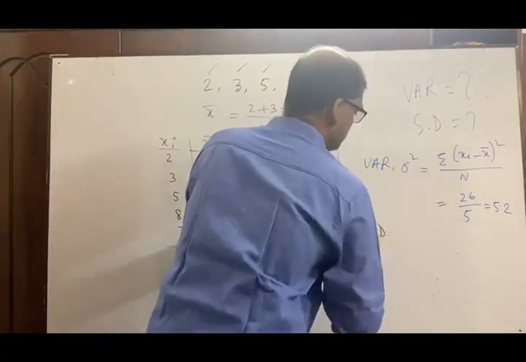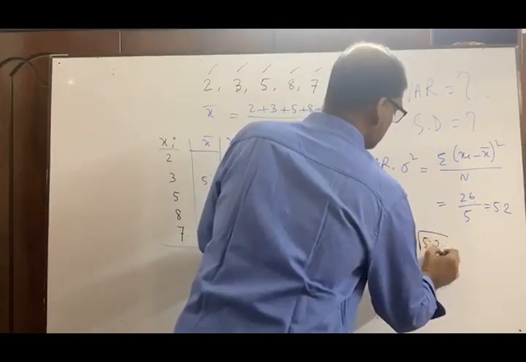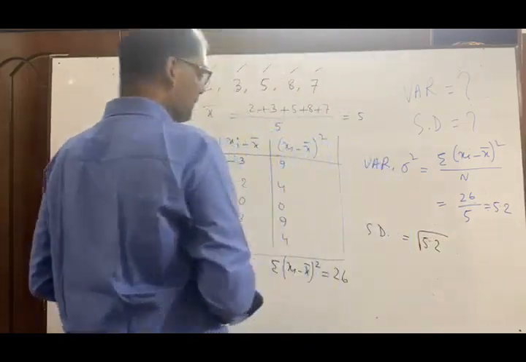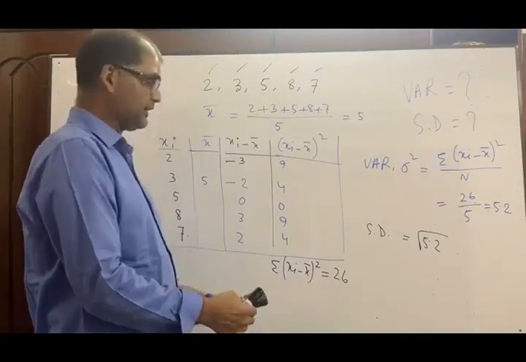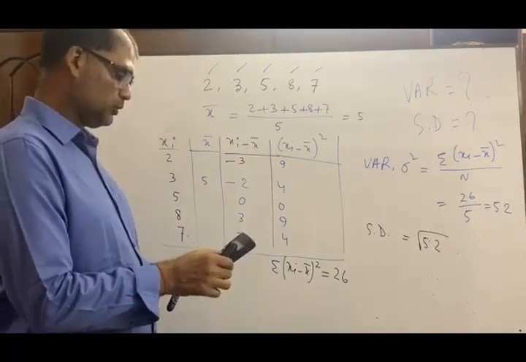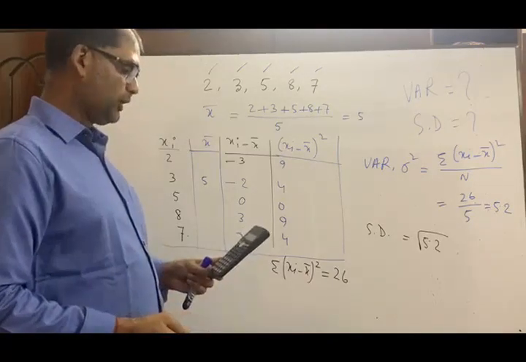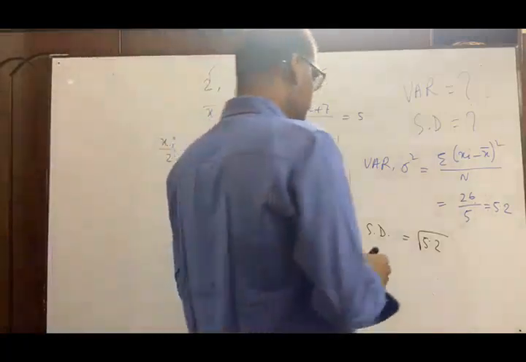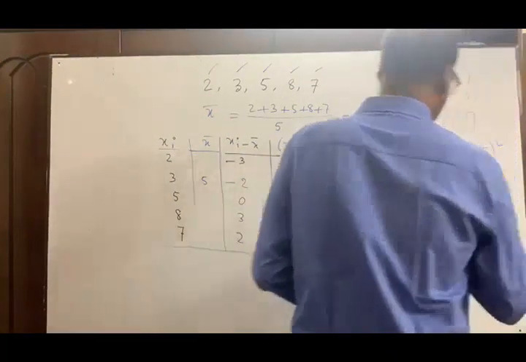But standard deviation, what is standard deviation? Standard deviation equals to what? Sigma, root over 5.2. Now you can use the calculator to get the result. Root over 5.2 equals to what? 2.28. Approximately 2.28. Okay.